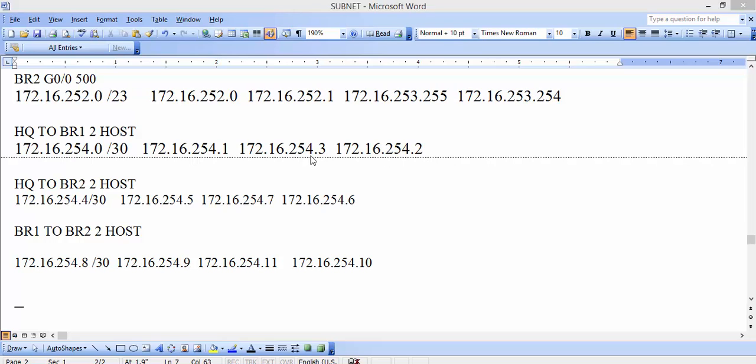The last host address is 254.2, and the broadcast address is 254.3. And using the same formula, we can get the host range for HQ to branch 2 and branch 1 to branch 2, and these are the host ranges.